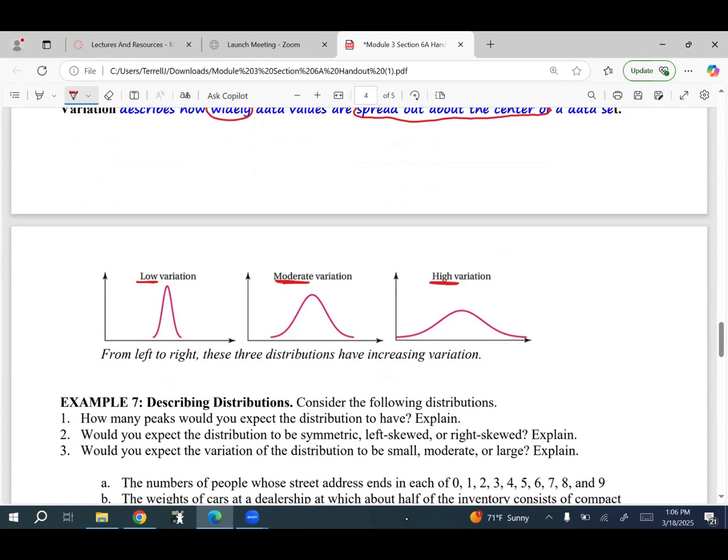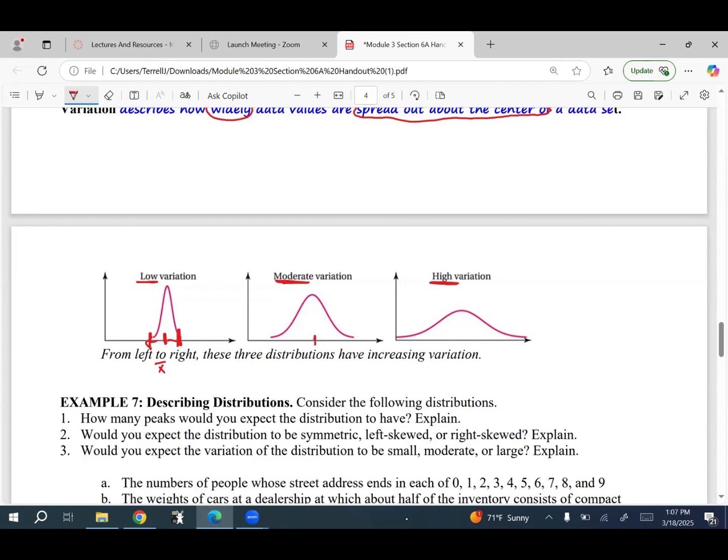And so for all of these, I'm looking at my center. So this is the center right here. I could call it X bar, right? The sample mean. The mean is a measure of center. And then you look at how wide it is from your center. We're here to here. Not very wide. It's not very spread from the center, so we would call it low variation.